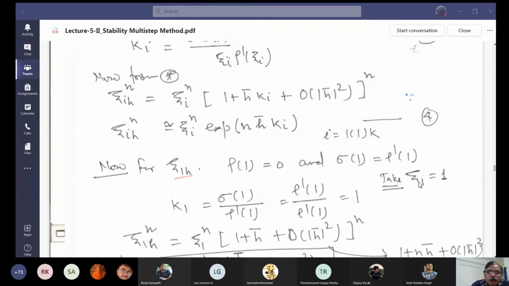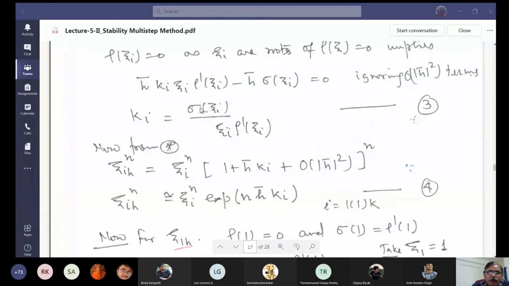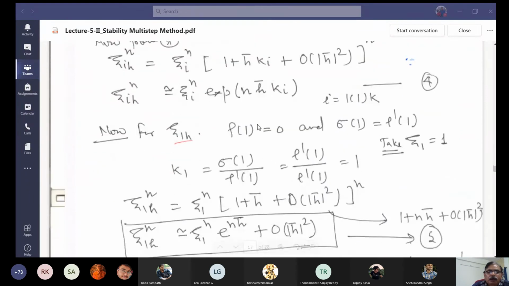So k_1 becomes rho(1)... k_1 is sigma(1) divided by 1 into rho prime(1). But sigma(1) is nothing but rho prime(1) because of this consistency condition. So k_1 is always 1.